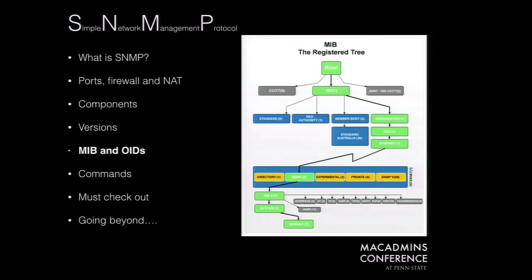There are also MIB files. They are basically a dictionary to tell you what address .1.3.6.1.2. something means, because that's a short one. System uptime is a short one.